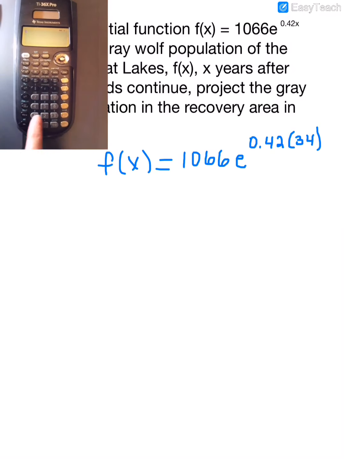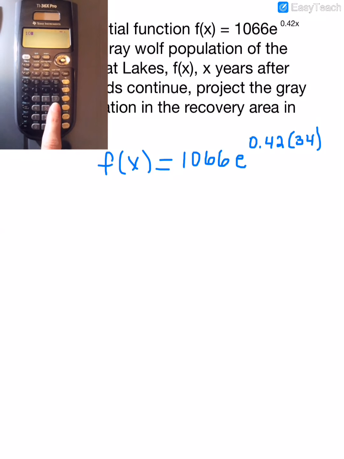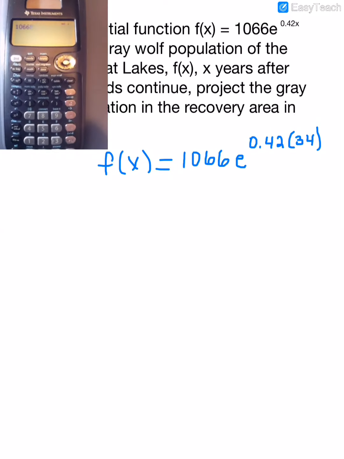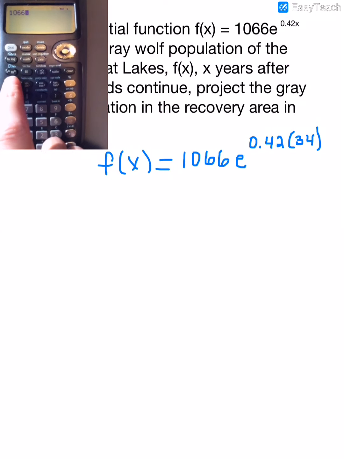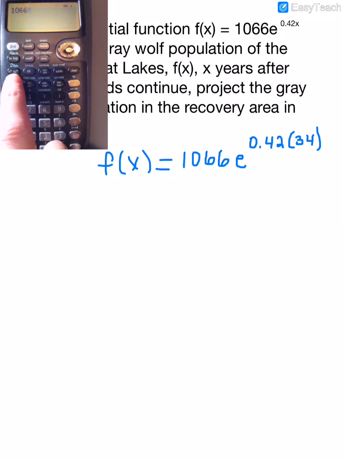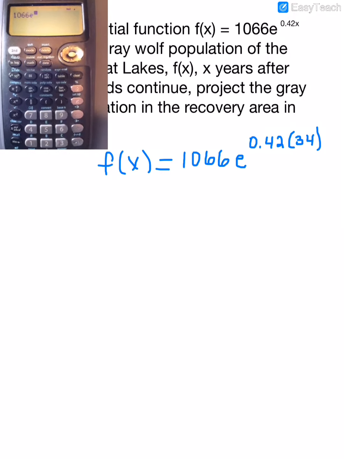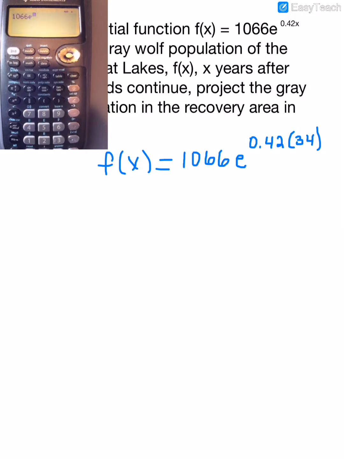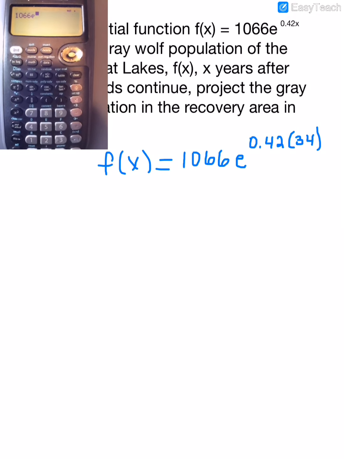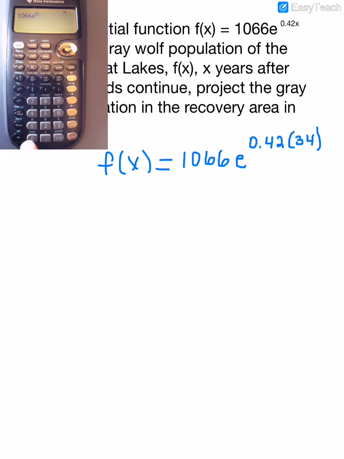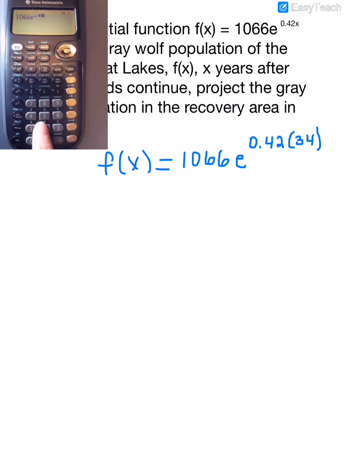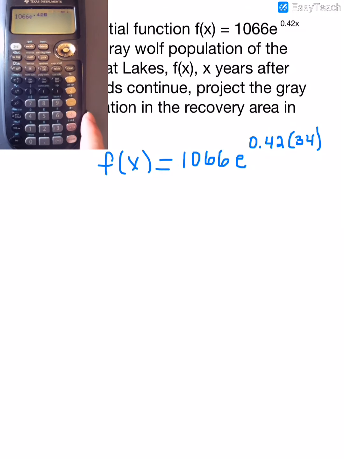All right, so we're going to put in 1066. And then the E button, if you'll notice, is right here. It's got E and a little square, meaning that it's going to raise it to a power. So that automatically puts in E raised to a power. So we just have to put in what power we need to raise it to: 0.42 times 34.